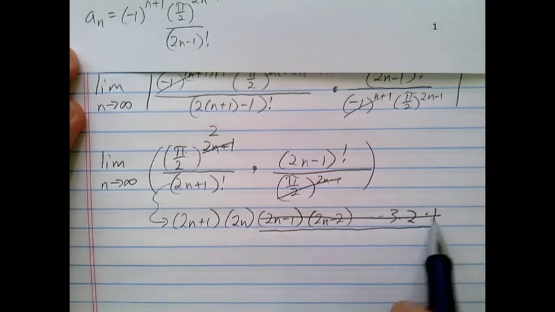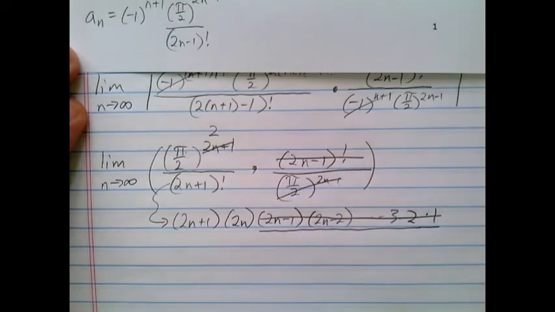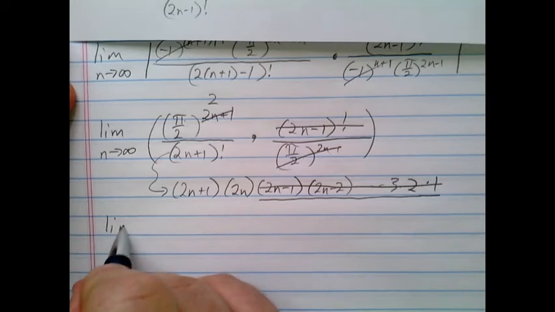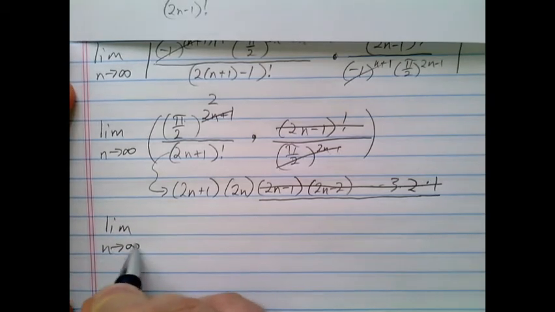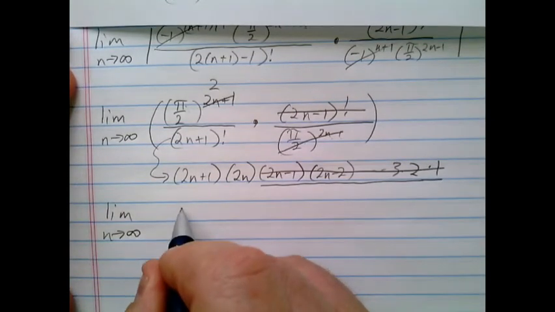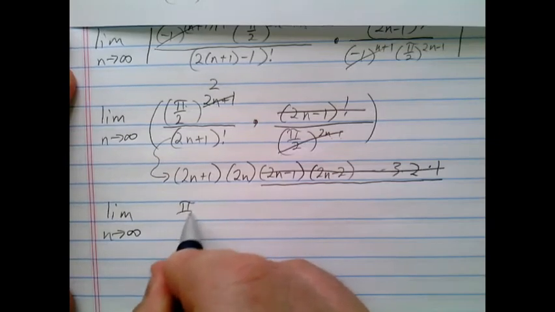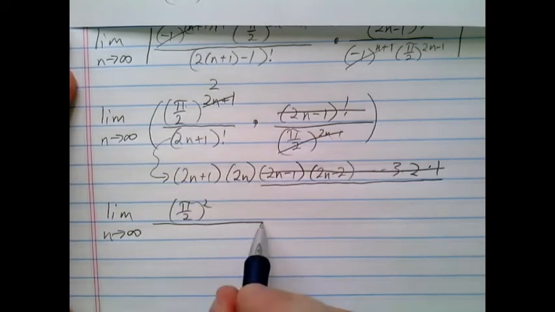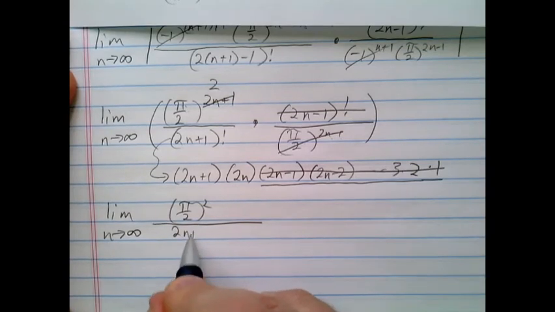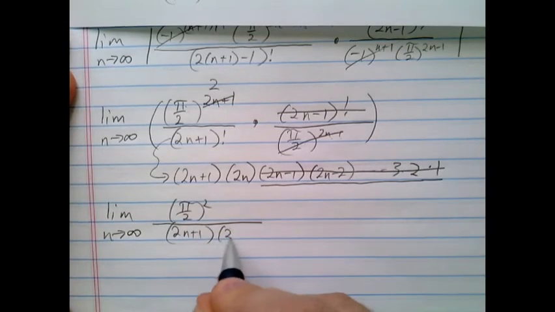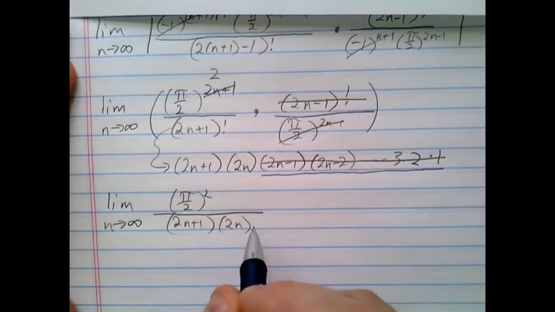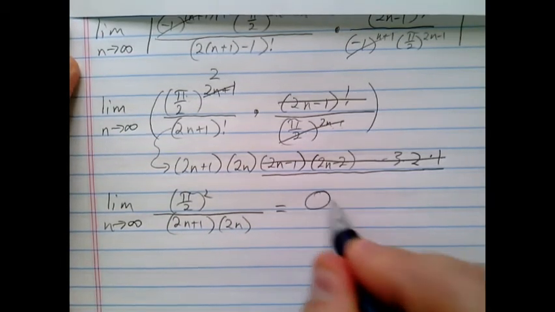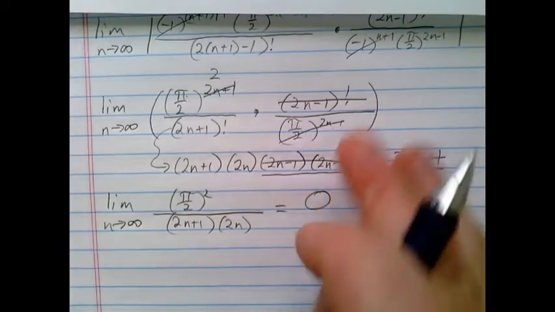So I can cross this against that, and I can say, alright, this is the limit as n goes to infinity of pi over 2 squared, which is a constant, over 2n plus 1 times 2n. Now here the bottom's going to infinity and the top is held constant, so that limit is 0.